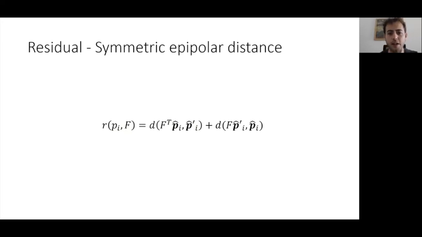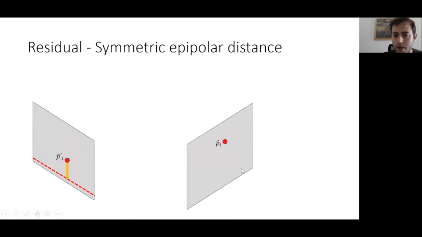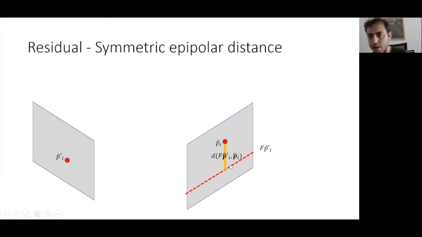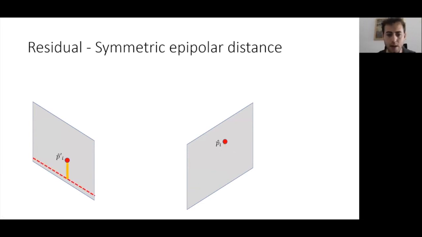No, so actually not exactly. They use the geometric distance. What you say is the algebraic distance. They actually measure the distance from point to line. It's not exactly the algebraic weight.